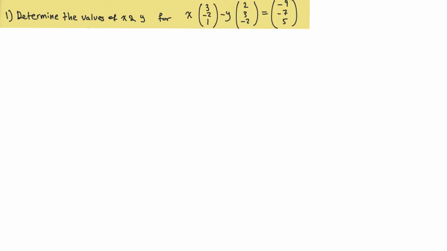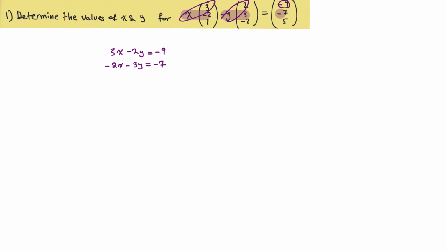First, for the x components, we're going to have 3 times x, and then I'm going to multiply these two, -2y, and that's going to equal the x component of the resultant vector, which is -9. For the y components, I multiply the y components here, and that equals the y component there. So I get -2x minus 3y is equal to -7.